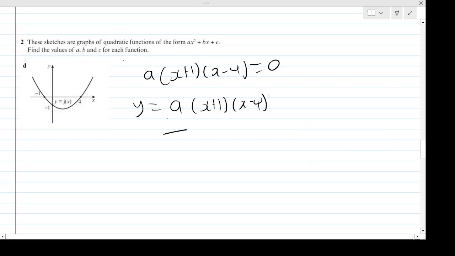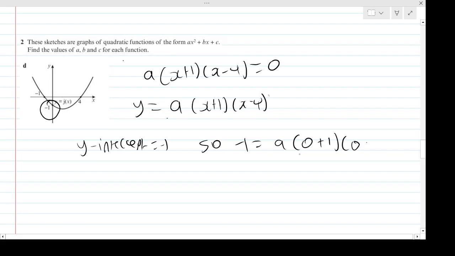Okay, so we need to find a then. Well, we're also given the y-intercept of minus 1. So that means when x is 0, y is minus 1, so minus 1 is a lots of 0 plus 1, 0 minus 4, so that means minus 1 is minus 4a, so a is a quarter.